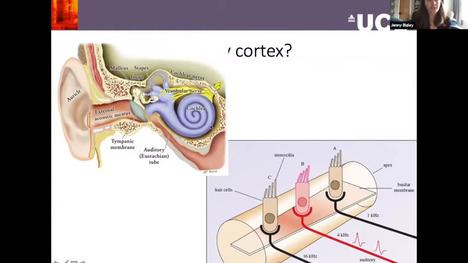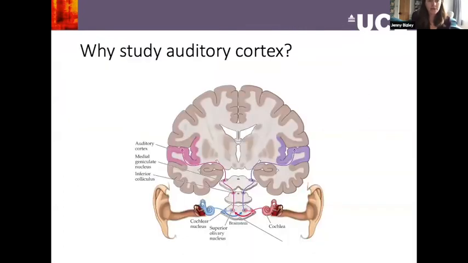An incoming sound wave is decomposed into its separate frequency components, such that individual auditory nerve fibers signal particular sound frequencies. So the representation that the brain has available of an incoming sound mixture is essentially its frequency content.